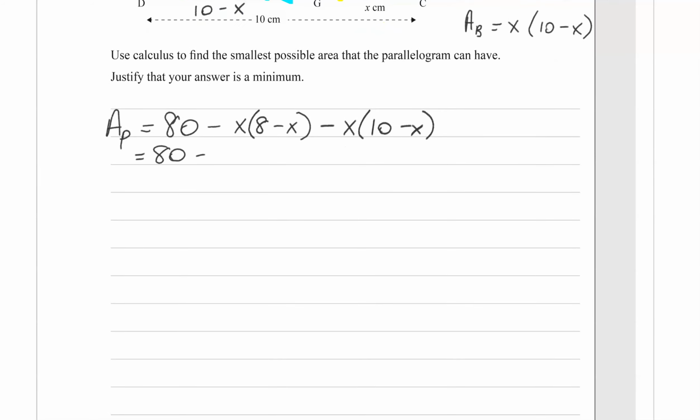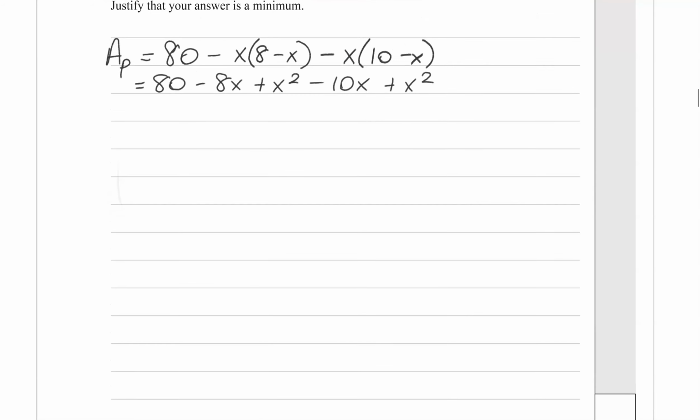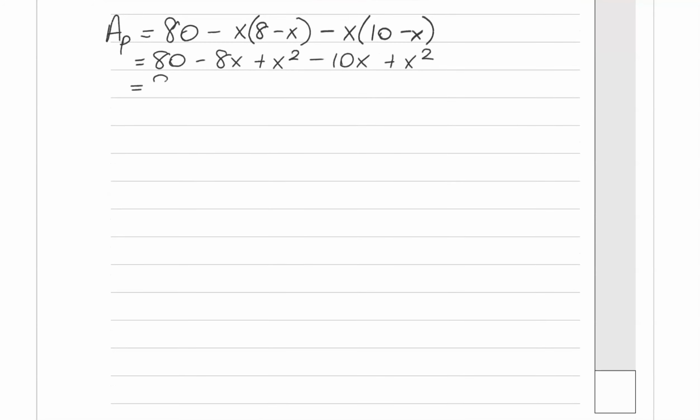So I've got 80 minus 8x plus x squared minus 10x plus x squared. Now again, I get a function. I can simplify that, add all my like terms. So 80 minus 18x plus 2x squared. Yes, I got a function on my parallelogram.